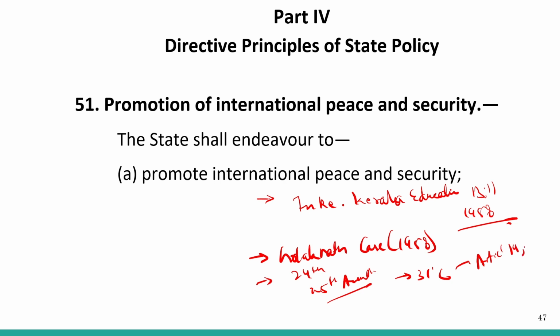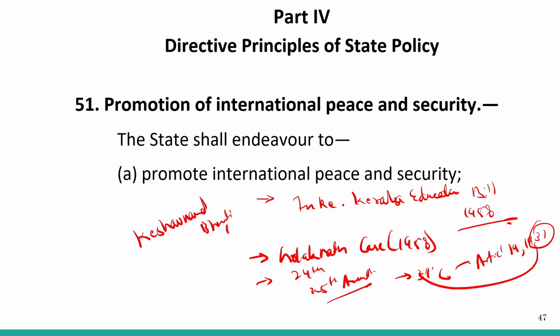So 39 was taken out by the 25th Amendment. And then the important case is the Keshavananda Bharati case.